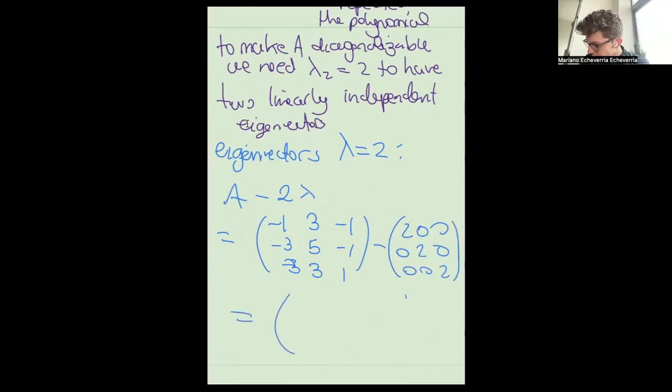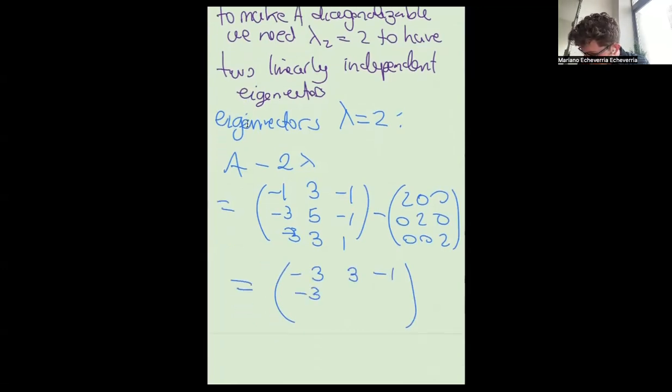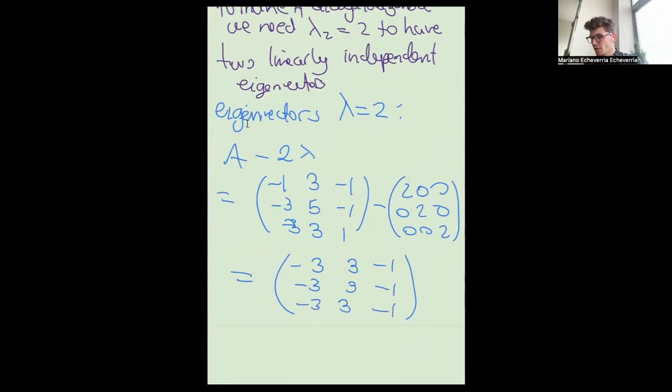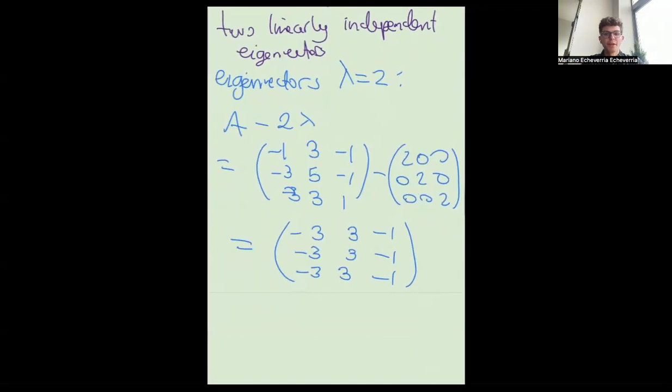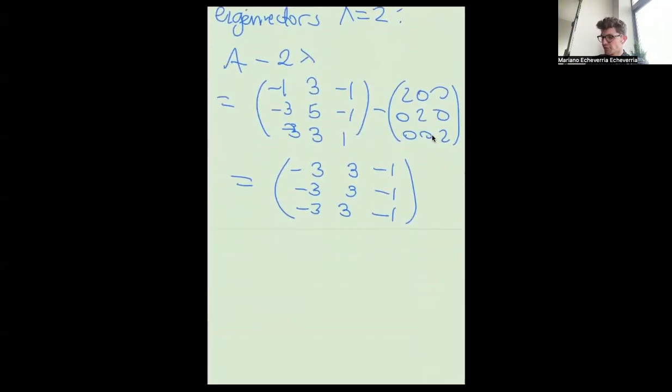When you do this, you end up with rows minus 3, 3, minus 1, repeated three times. Remember that for the eigenvectors, you need to find the null space of this matrix, so you need to reduce it. How can you reduce it?